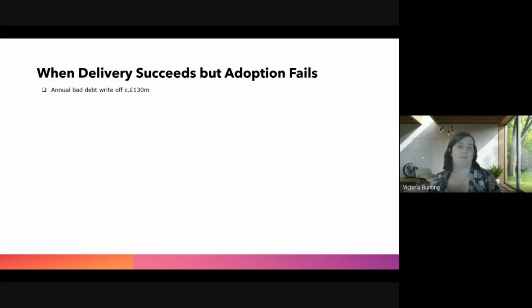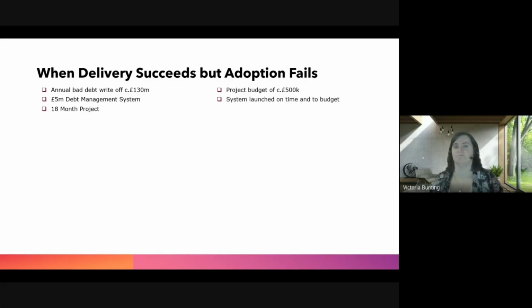To address this, they invested in a £5 million debt management system designed to enable early customer interventions and get better data capture. The project ran for 18 months and cost the business £500,000. It was launched on time and on budget. They were happy, it was deemed a success.